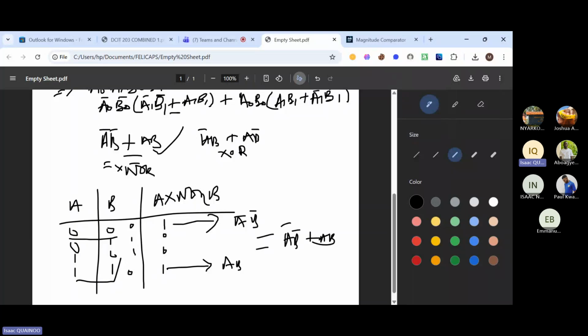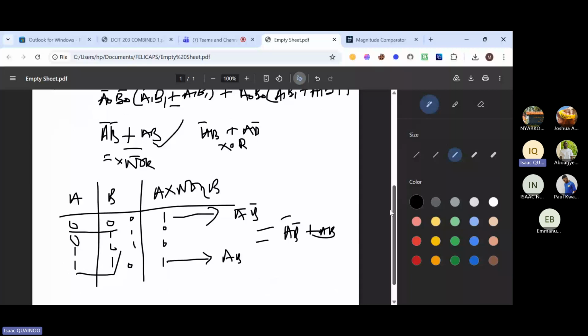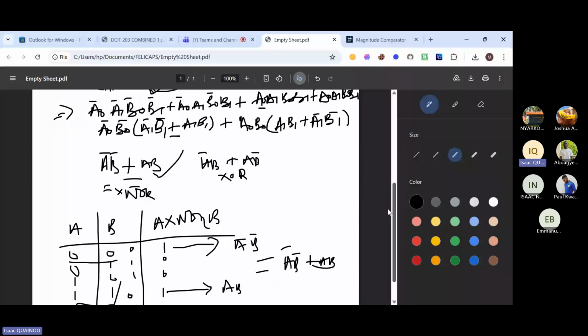So it means that whenever we see this occur anywhere, it doesn't matter which problem you are dealing with, immediately you have the case of A bar B bar plus AB, you should know this is the XNOR of the inputs.